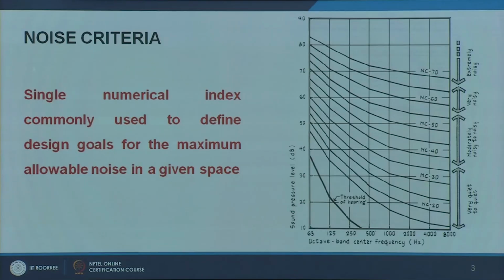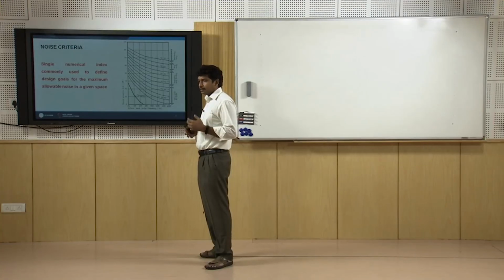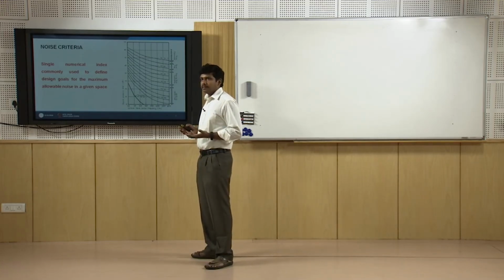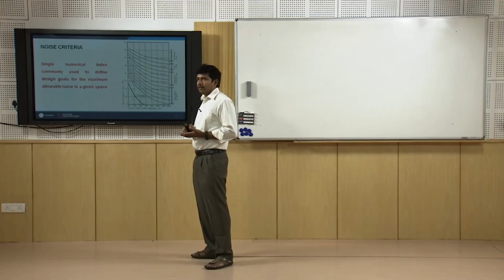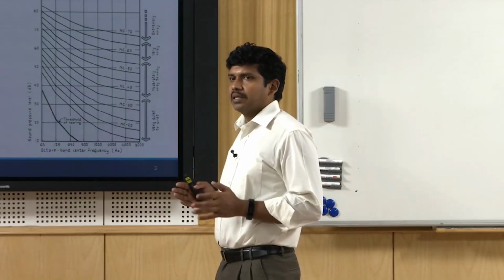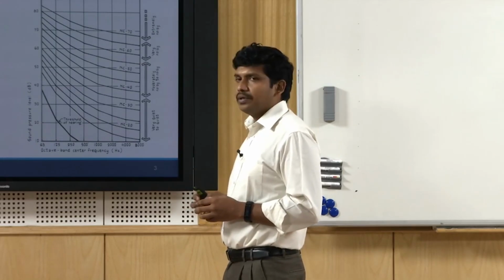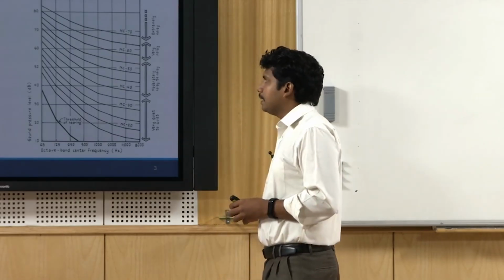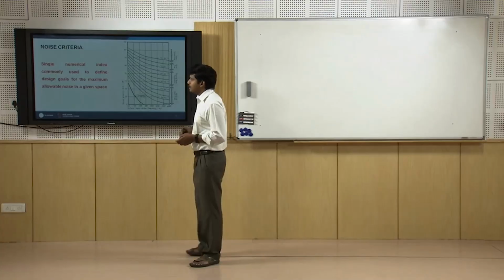To start with the background noise levels, how do you define background noise level? In one of the last modules we looked at the environmental noise levels, where we talked about L equivalent and how these limits are defined. In case of indoor noise levels, one of the basic indicators is noise criteria, commonly referred to as NC.